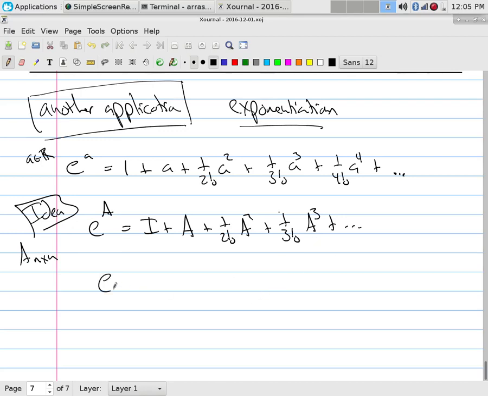In other words, e to a matrix, which would be just, can you add from k equals 0 to infinity of 1 over k factorial a to the kth power, where a to the 0 is considered I? That exists.